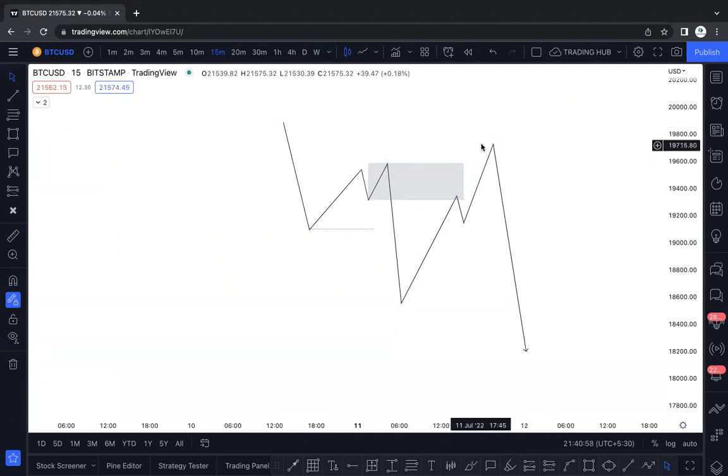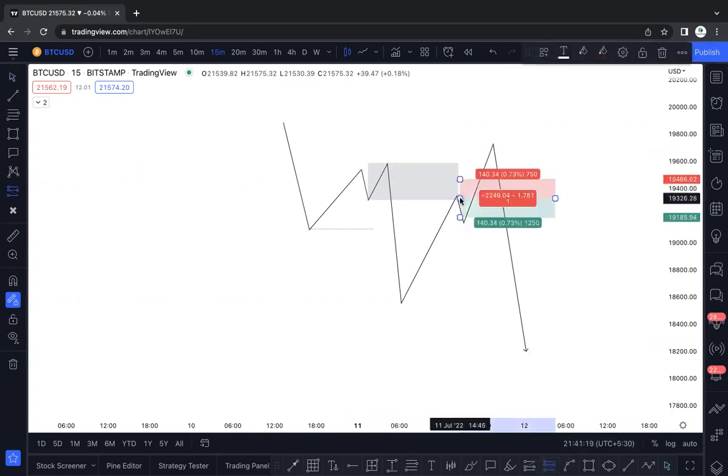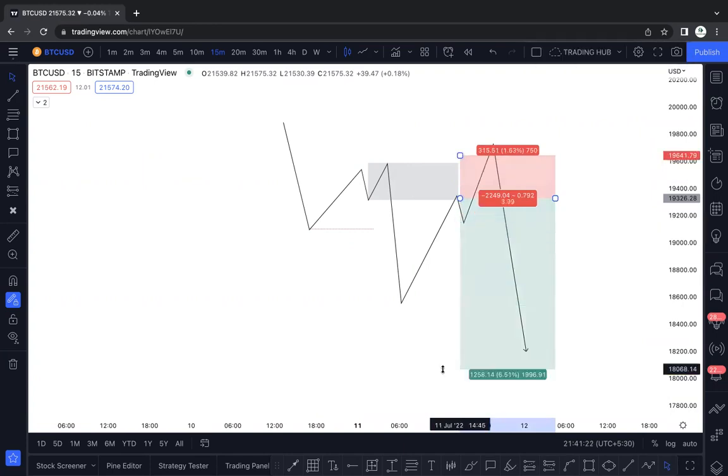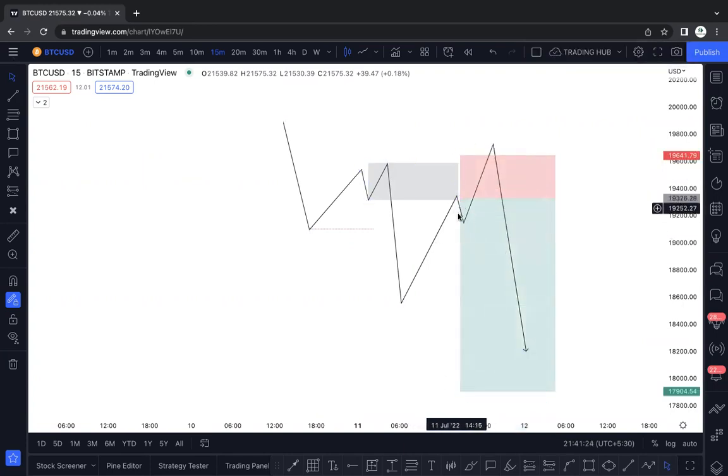Yes, the same thing happened to me. That's why I'm asking you. So you are selling here and putting this stop loss just above it, and then the market gives some reaction and then pushes downside.